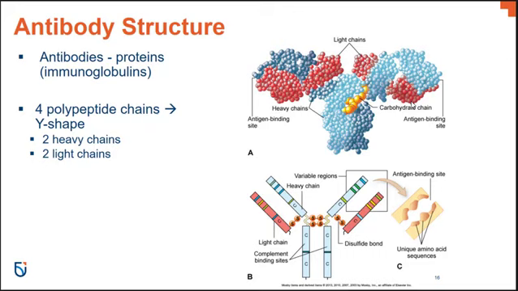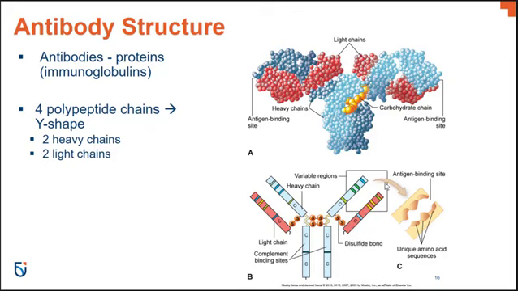The immunoglobulins contain what are called variable regions. You can see that written here, variable regions. These are regions where the sequence of amino acids is going to vary in different antibody molecules. This is where the differences are going to be amongst different antibody molecules, represented by just the colored bars that you can see in figure B here.